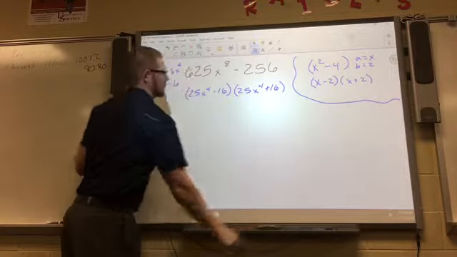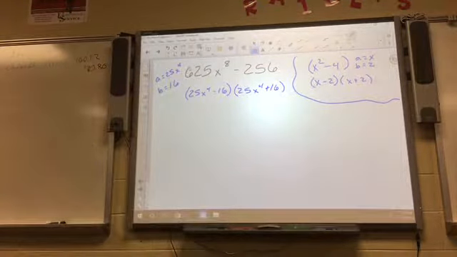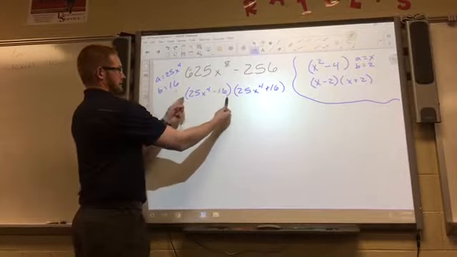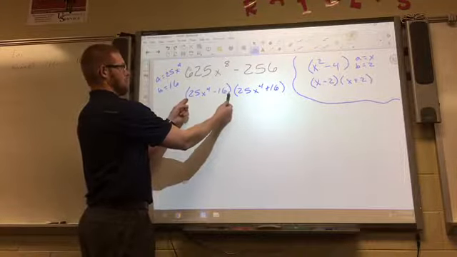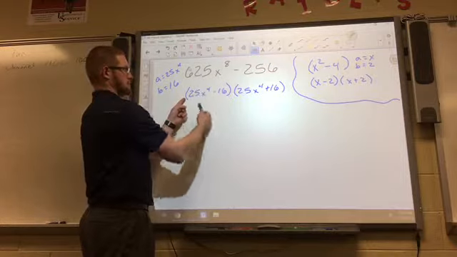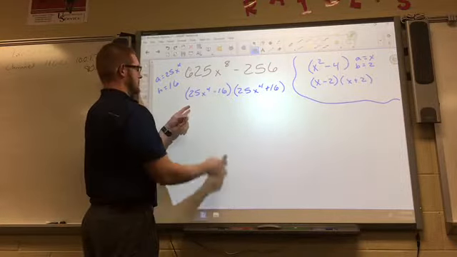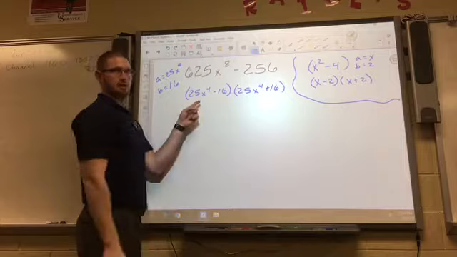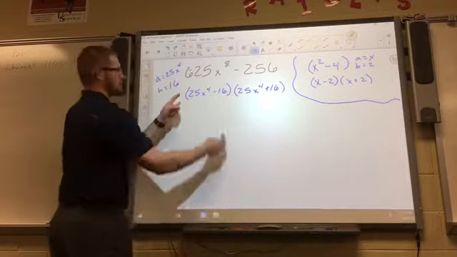Once I've factored it once, does that mean I'm automatically done? No, we need to go on and check everything. Can I factor this? What is special about this? They're all perfect squares, so I could do the difference of two squares again. What would this factor to?